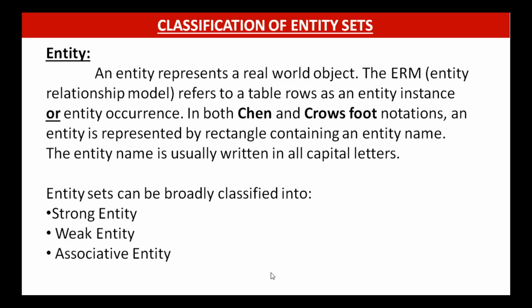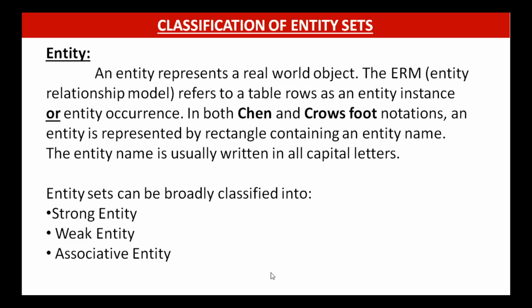Classification of entity sets. What is an entity? Already we know what an entity is; we already discussed it in the ER model. An entity represents a real world object that may be a person, a place, a thing, an event like that.